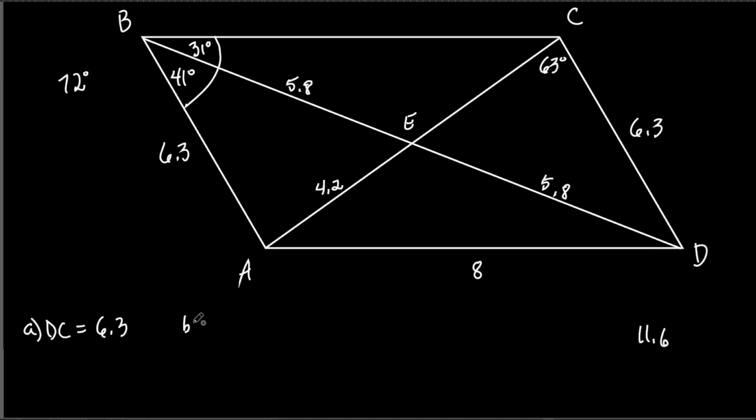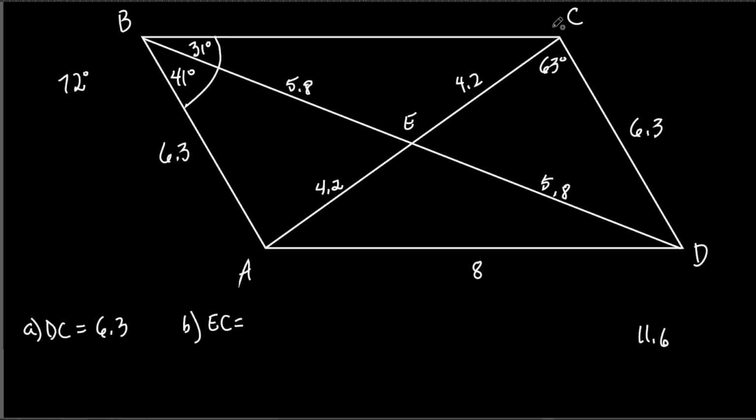So they ask for EC, this one right here. How do I find that one? Do you double it? No, you just use 4.2. It's EC, just from here to here. It's the same from A to E. So this is 4.2.